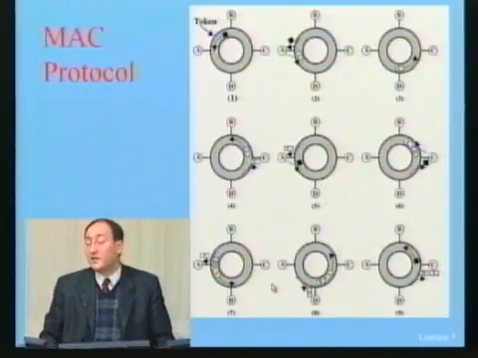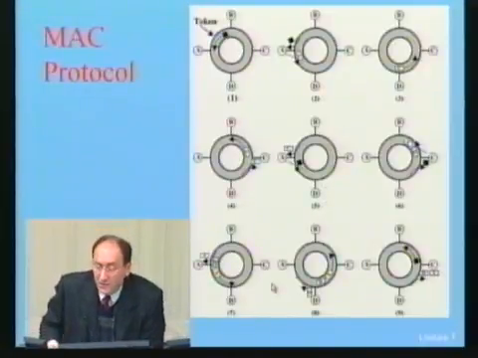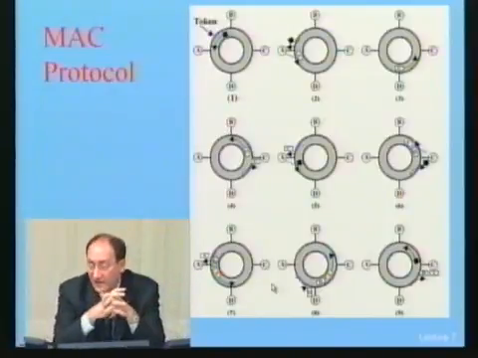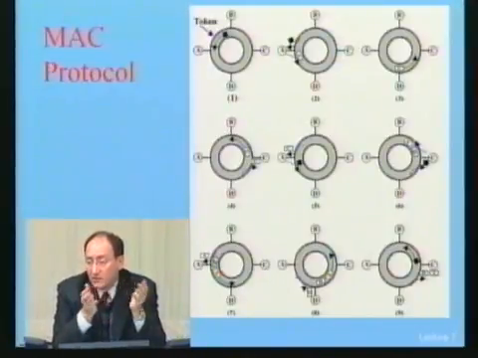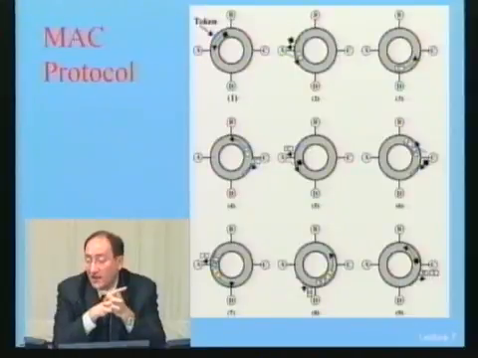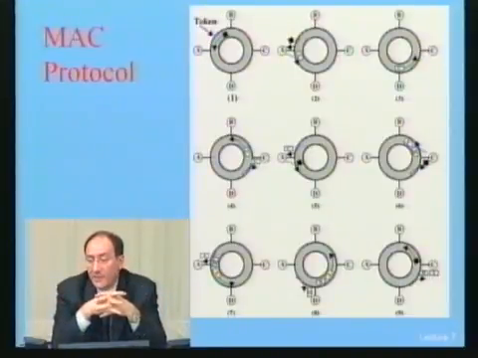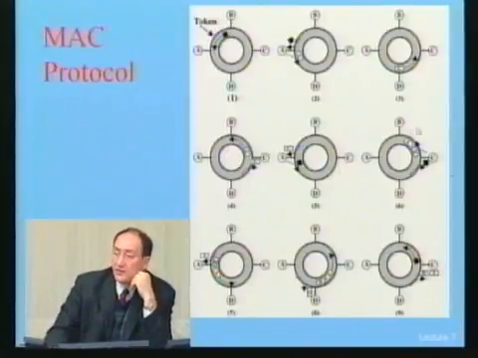Anyways, now how about the MAC layer? The MAC layer of 802.3 was carrier sense multiple access with collision detection and with exponential backoff algorithm. Now, how about the MAC of 802.5?